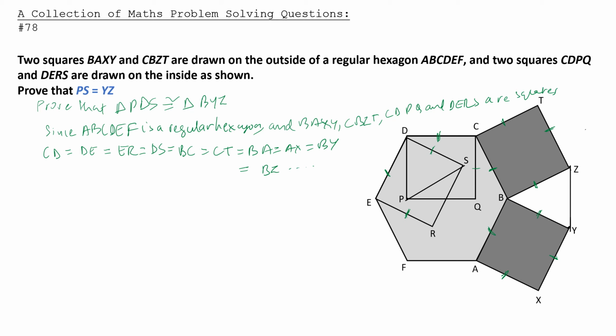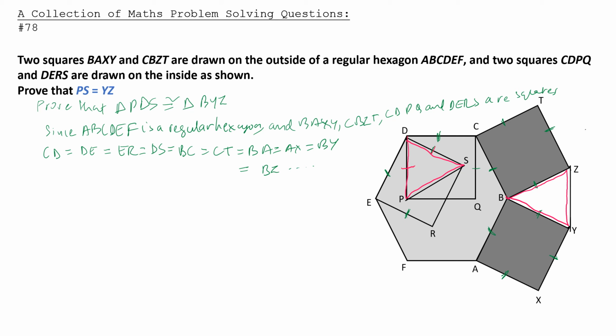So once that is done, now you see in these two triangles, that is in triangle DPS and in triangle BZY, you see the two sides are already congruent.